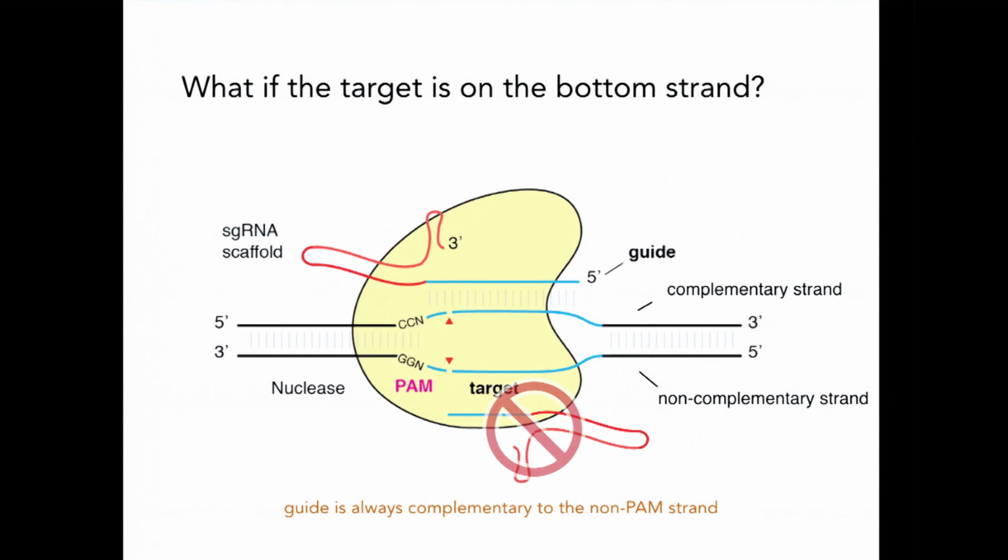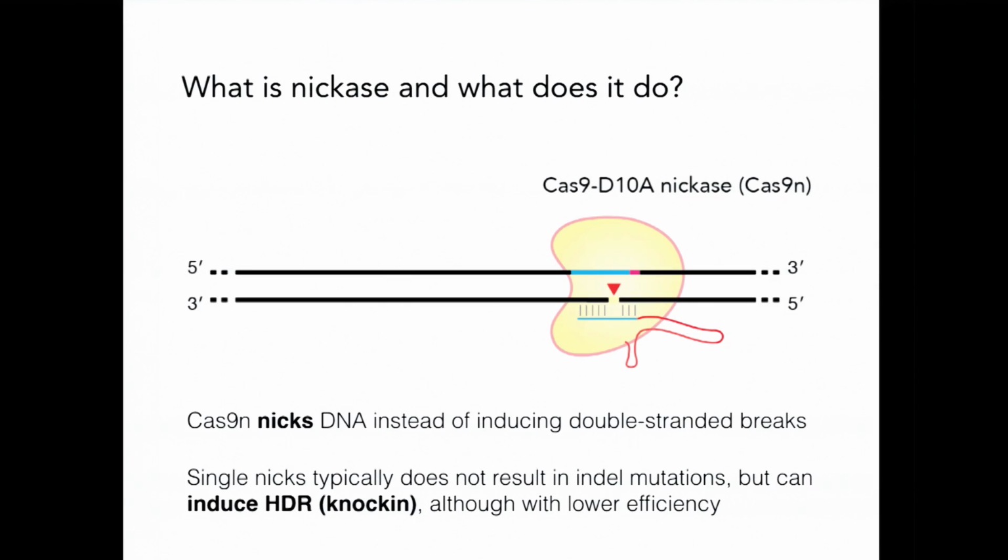So now the guide must be complementary to the top strand, and the NGG still has to be in the 3' orientation relative to the strand that has the same sequence as the sgRNA. And there are a lot of tools online to help you do this in case it's confusing to you.